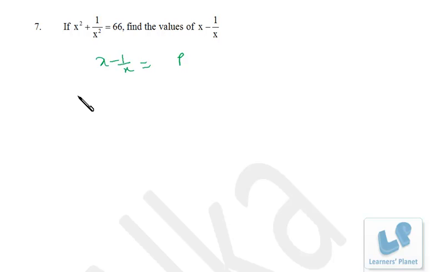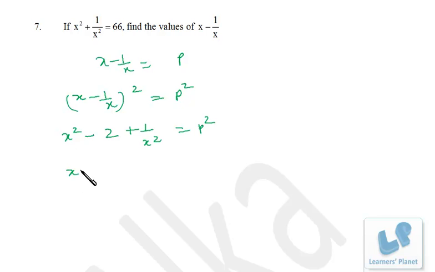So now squaring both the sides, I'll be getting (x − 1/x)² as p². Now (a − b)² is square of this minus 2ab, so that's 2, plus square of this. So x² + 1/x² is equal to p² + 2.